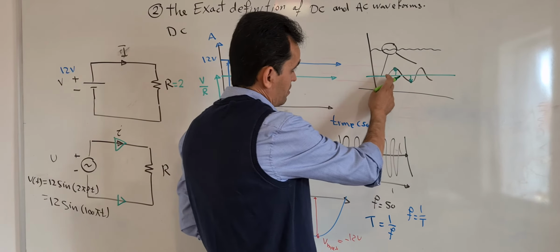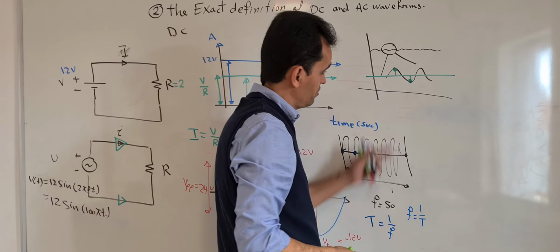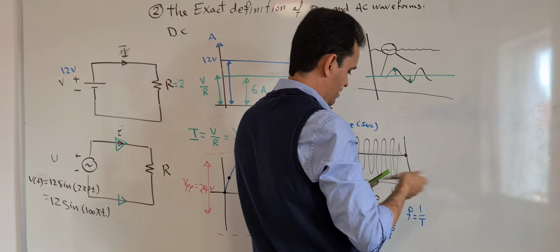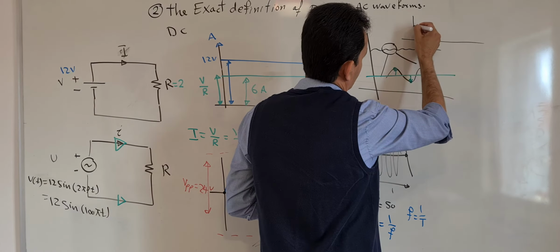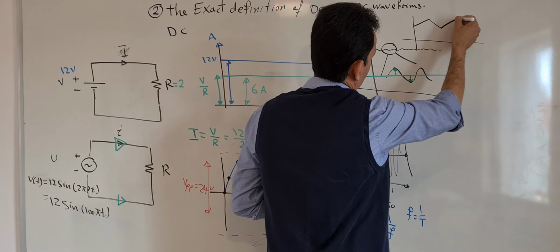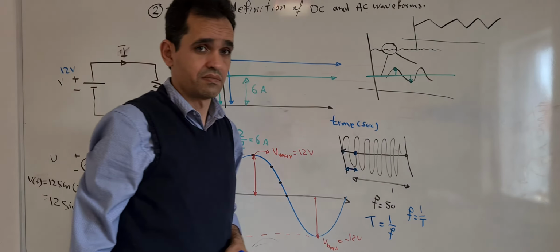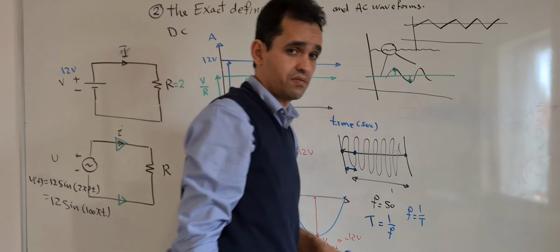And sometimes this zigzag is not a pure sine wave. Sometimes we will find it is similar to a triangle. When we take the average, that's our DC.